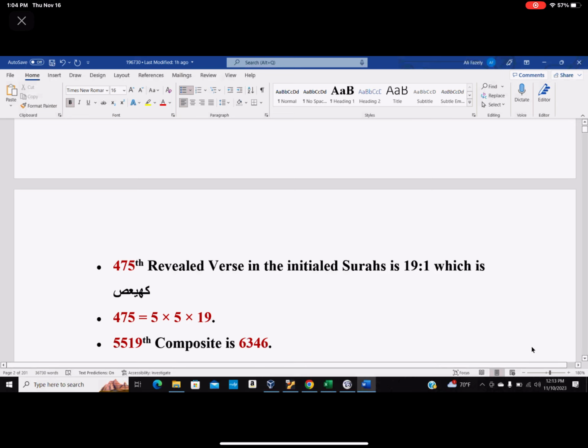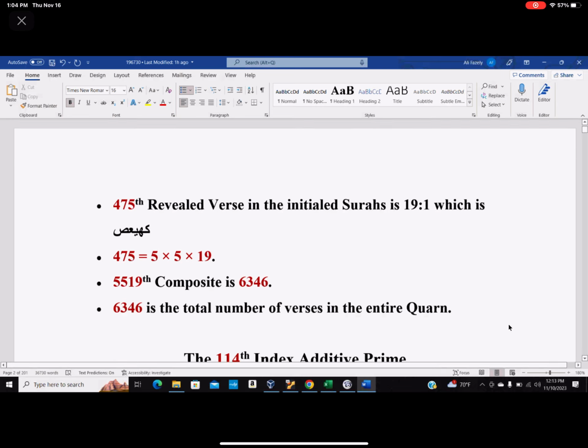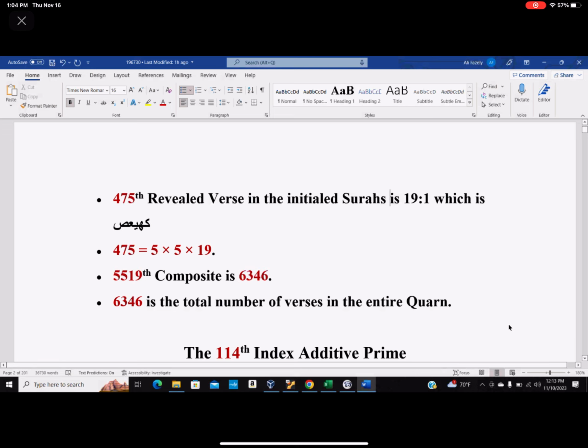Well, 475 is actually 5 times 5 times 19. 5519th composite is 4346. 4346 is the total number of verses in the entire Quran. Now, there are a lot of these things about 5519 or 475 that you can search in this long button that we have.